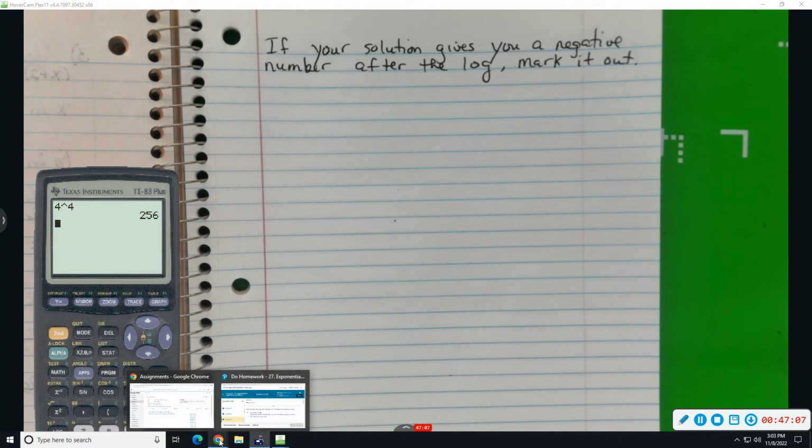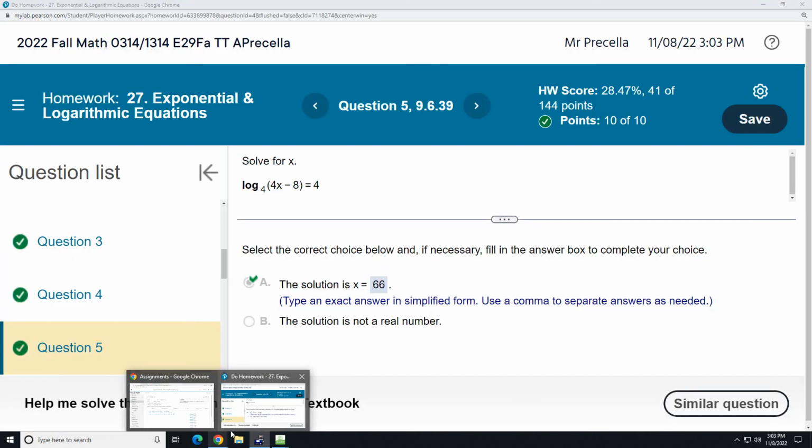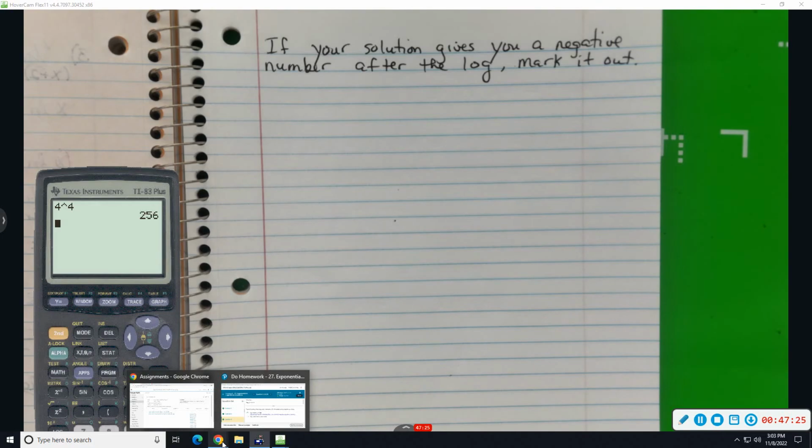So we could handle it if it says one logarithm on the left equals a number on the right. That's how the problem we just finished doing looks. There was just one logarithm on the left and a number on the right.